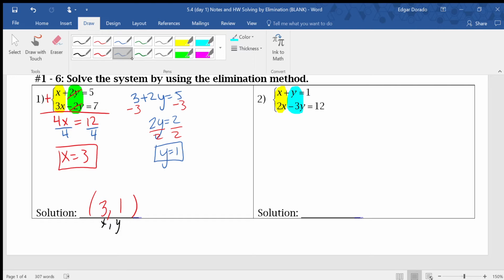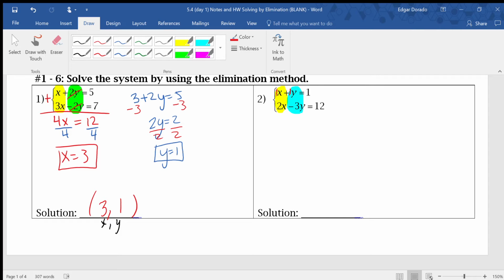Again, why am I saying 1x? Well, because there's an understood 1 right there. So 1x plus 2x, if I were to add those would actually not eliminate because that would be a 3x. What about our y's? 1y plus a -3y, that would be a -2y, so those would not eliminate.